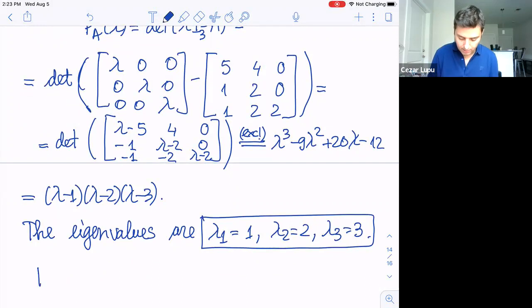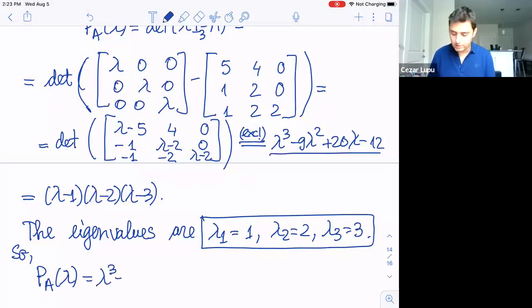P_A of lambda is lambda cubed minus 9 lambda squared plus 20 lambda minus 12.